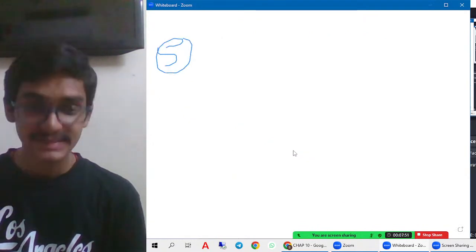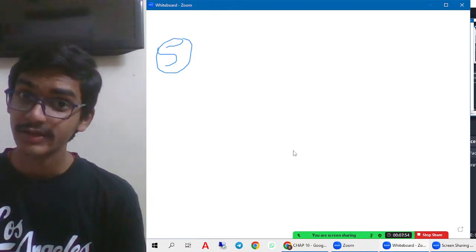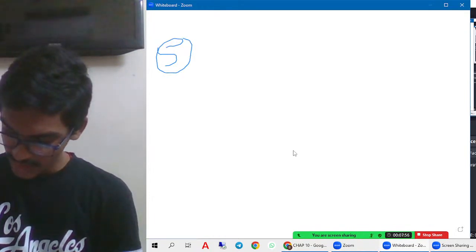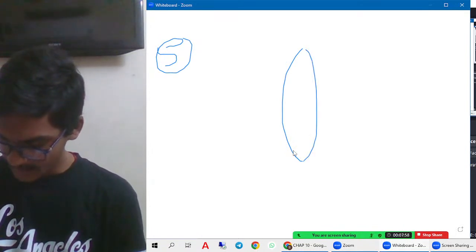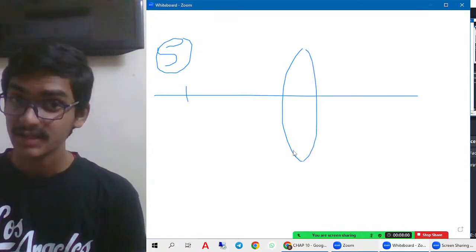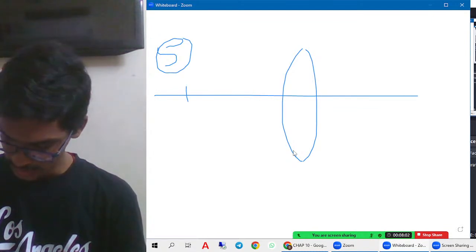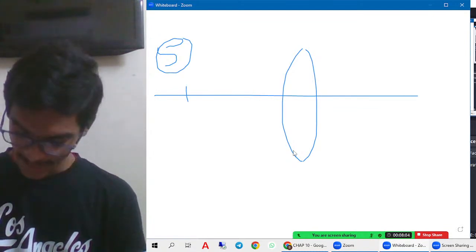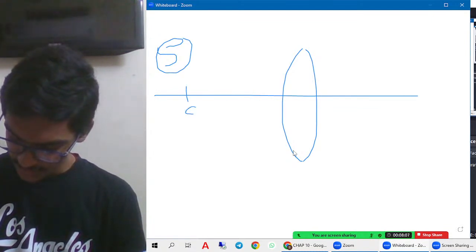Okay. Next, the fifth case, where the object is located at F. Then where will the image be formed? The object is located at F and the image is formed at infinity.